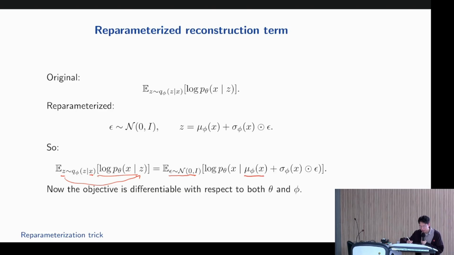So mu of X plus sigma of X times epsilon. That's gonna get inserted into the decoder, and we're gonna evaluate the likelihood of the decoder at the clean data X.